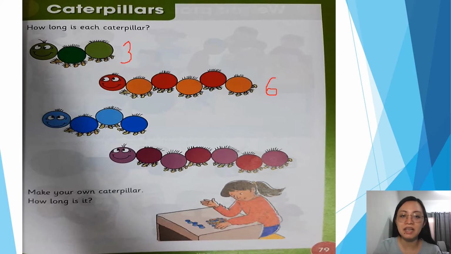Very good. This caterpillar is longer. How did we know that this caterpillar is longer? By counting the number of circles. This one has 6 circles, while the green one has only 3 circles. So it means that the red-orange caterpillar is longer than the green one.